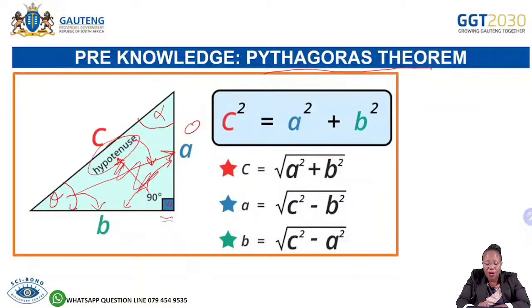Now if we want to look at the hypotenuse side, which is our C side, we will be saying the square of the hypotenuse side is equal to the sum of the squares of the other two sides. When you add the squares of the two sides, you will have the square of your hypotenuse side. Let's say now we are looking for the C side, which is your hypotenuse.